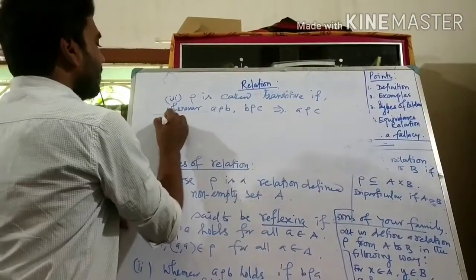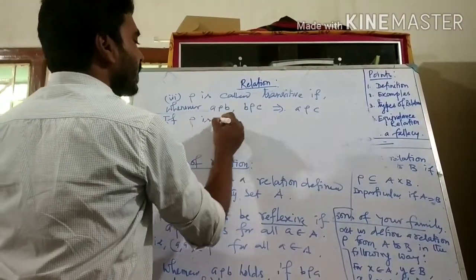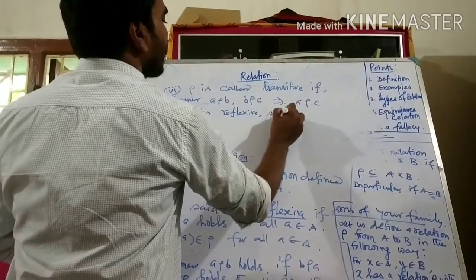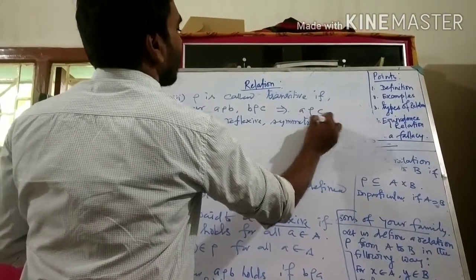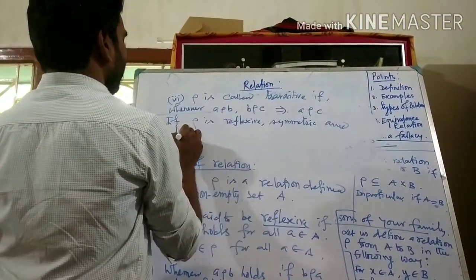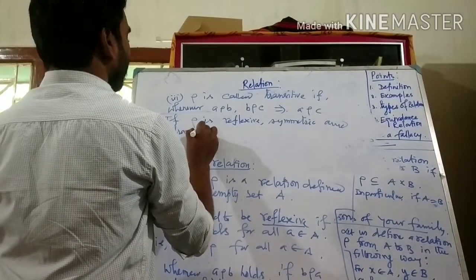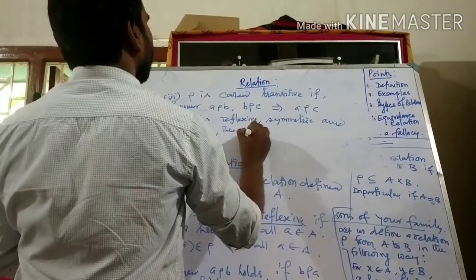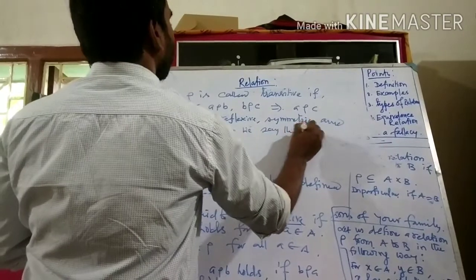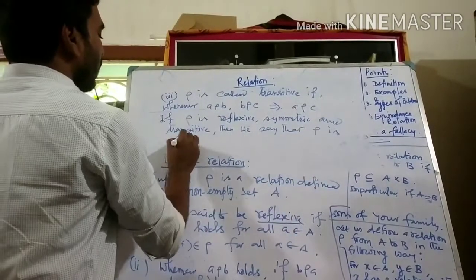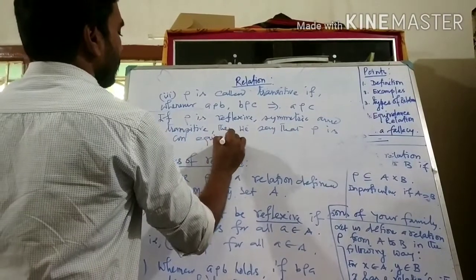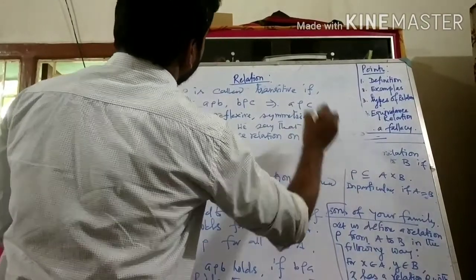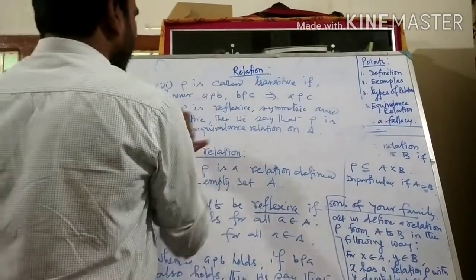Now, if rho is reflexive, symmetric, and transitive, then we say that rho is an equivalence relation on A. So this is the definition of an equivalence relation.